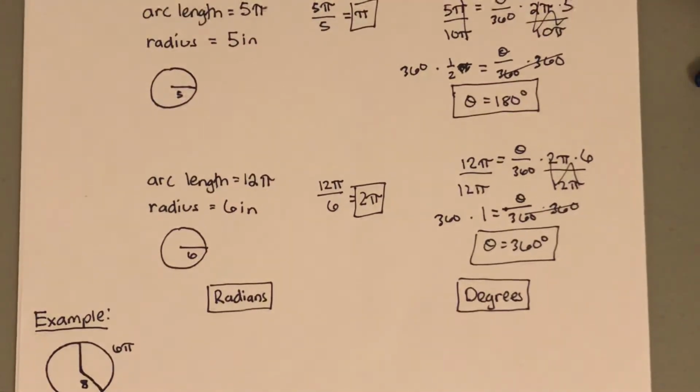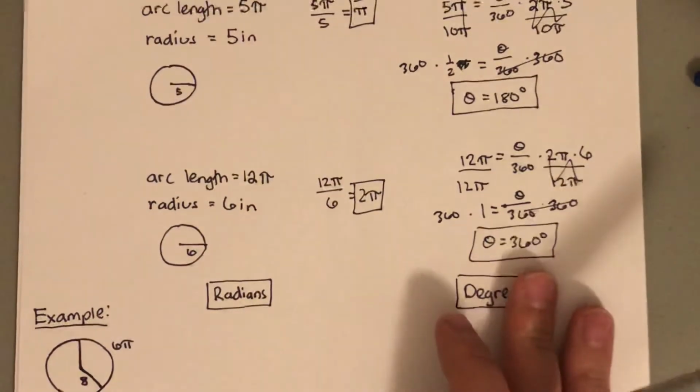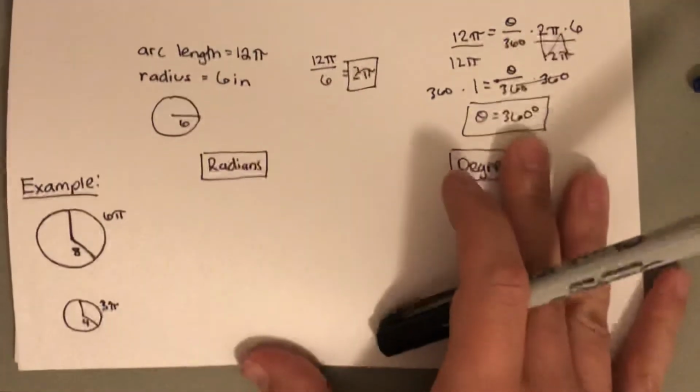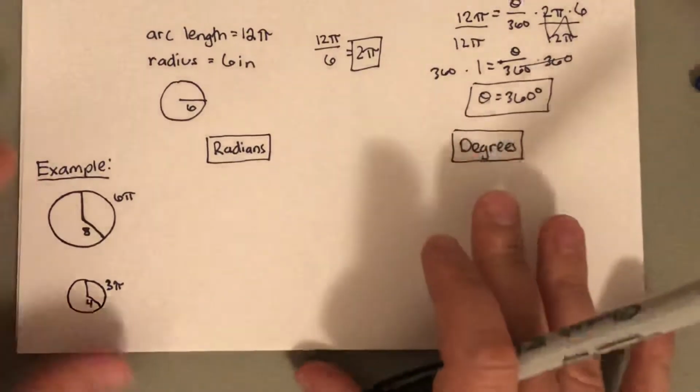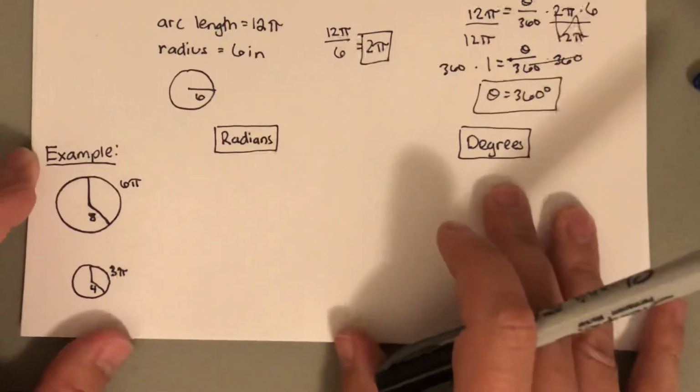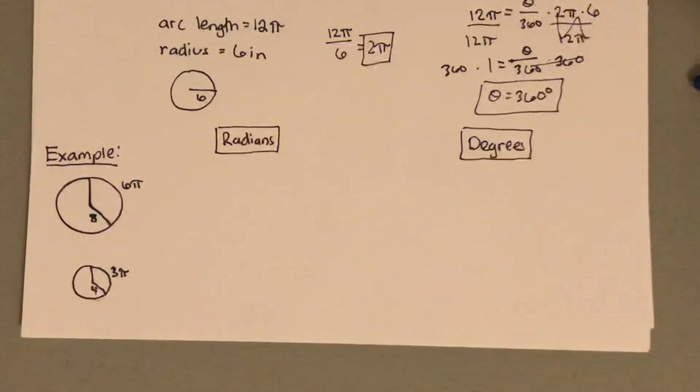Okay, now let's look to see how this compares with two different circles that have the same ratios but different sizes. Let's see what that tells us about these two angles in the middle.